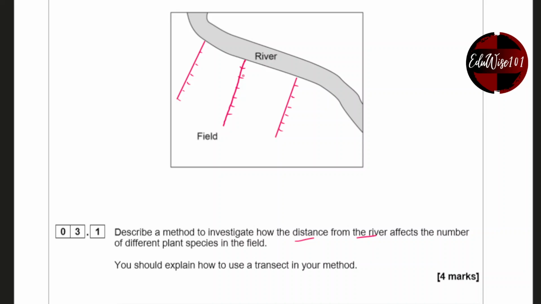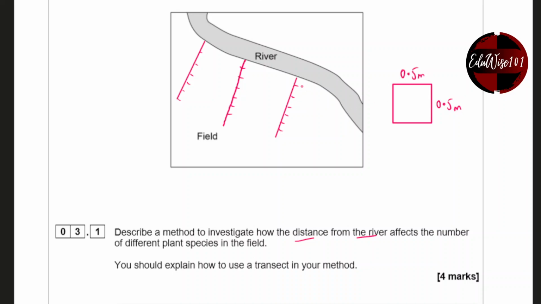Now, what do we actually do in these different points? We use what is called a quadrat. A quadrat is usually a metal frame. It comes in different sizes. The most common one that is used is 0.5 meters by 0.5 meters.